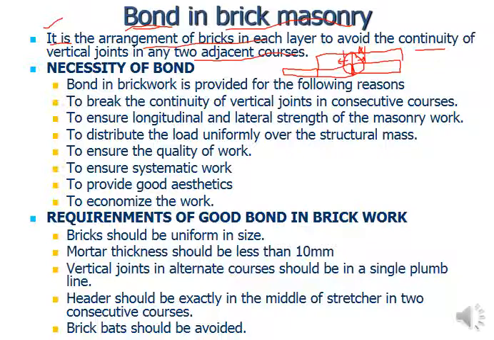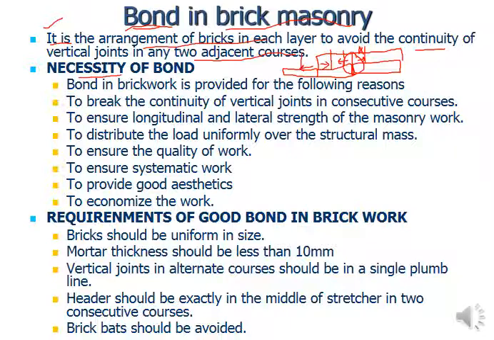So if we want to place a brick, we place it equally distributing the dimension on either side, here and here. This arrangement or adjustment that you are doing to avoid the verticality of the joints in consecutive courses is called a bond, or brick bond.